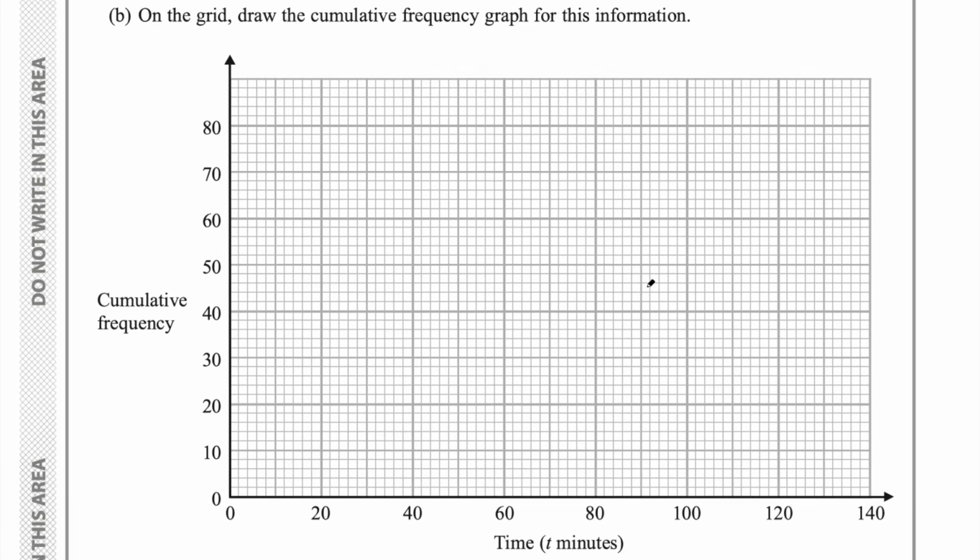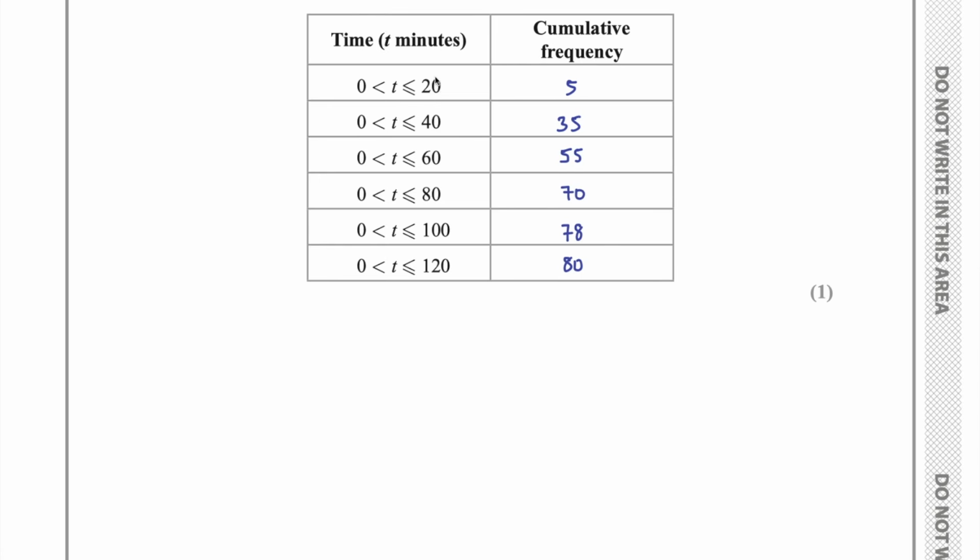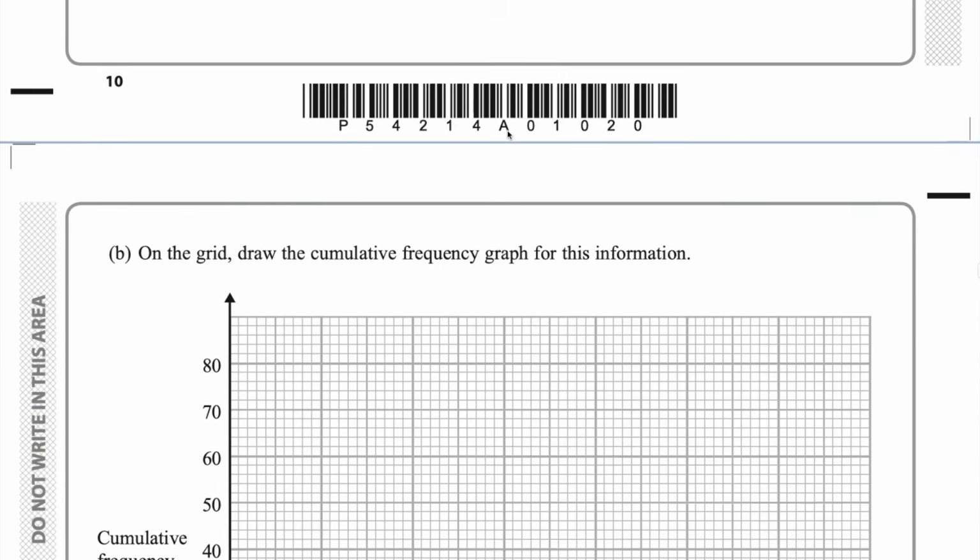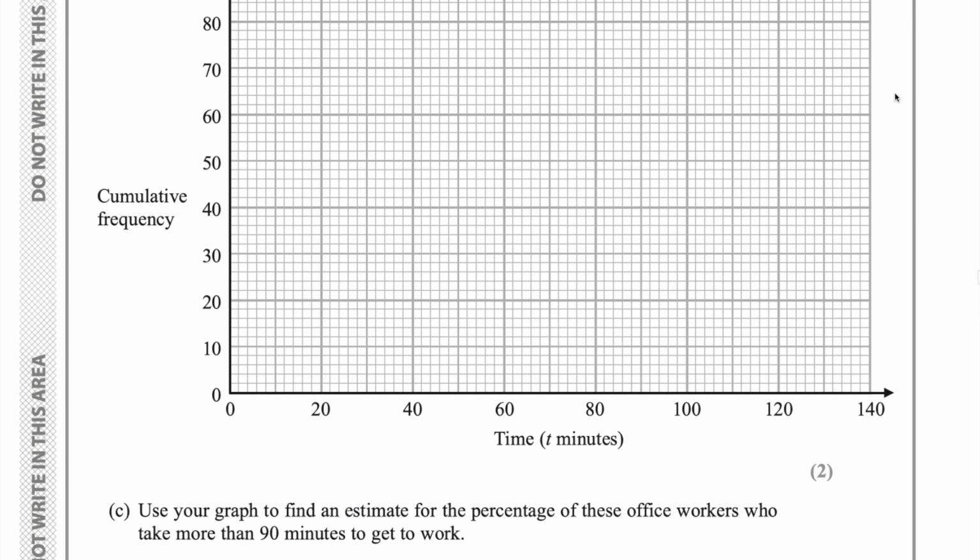Part B says on the grid, draw the cumulative frequency graph for this information. Okay, so for each one, we take the upper bound of the class width and then match it with the frequency. So for 0 to 20, the point is going to be 20 on the time axis, and 5 on the cumulative frequency axis.